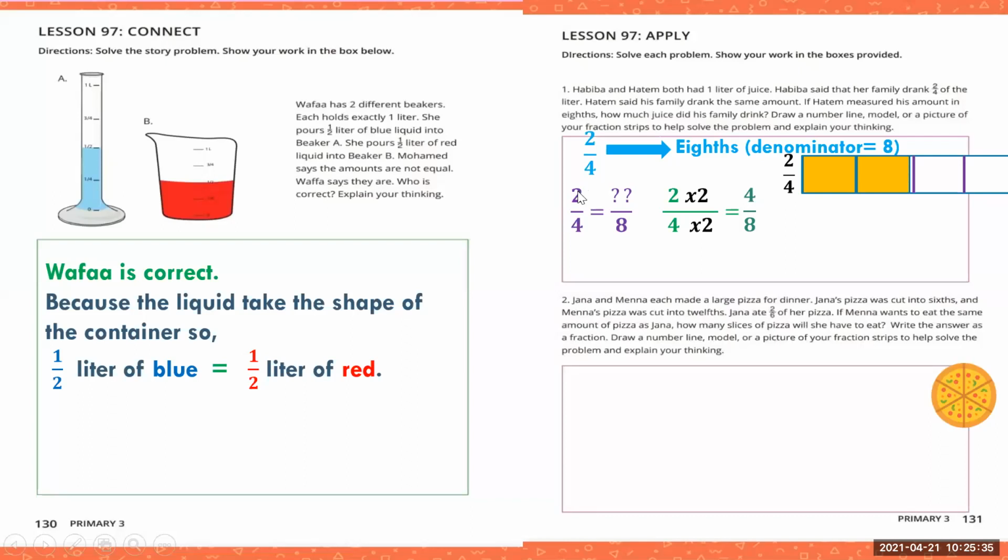So here I must do the same thing. So 2 times 2 also will give me 4. So the equivalent for 2/4 is 4/8. Let's represent it. If we divide the model here into 8 equal parts, we will color 4 to take the same amount.